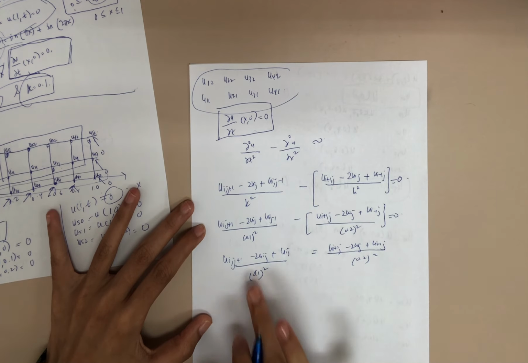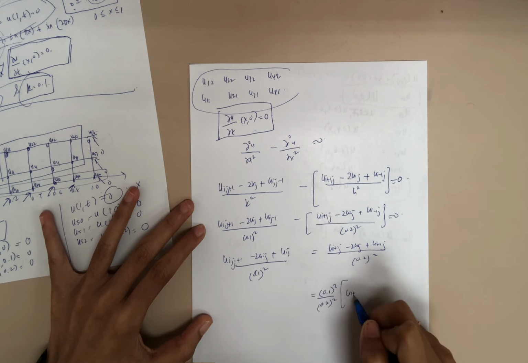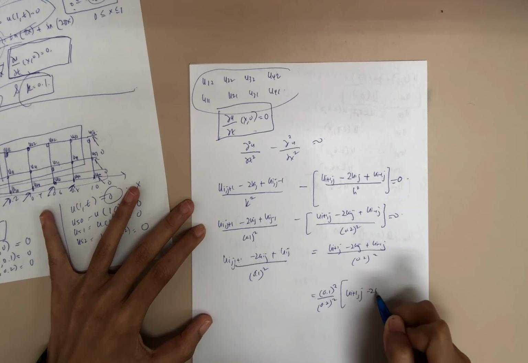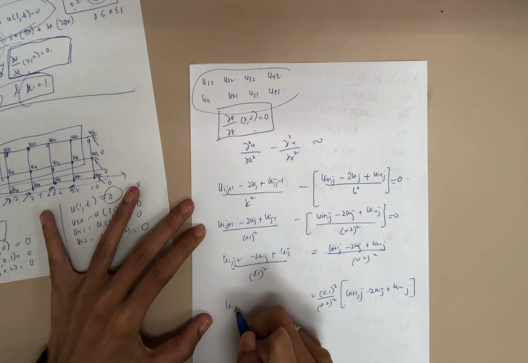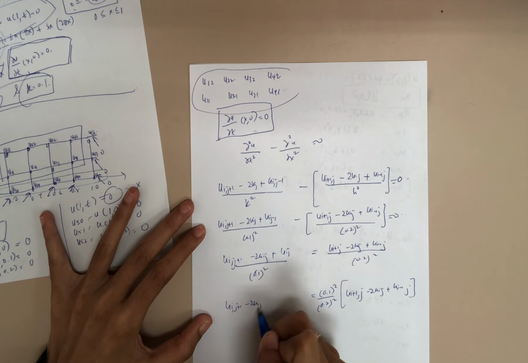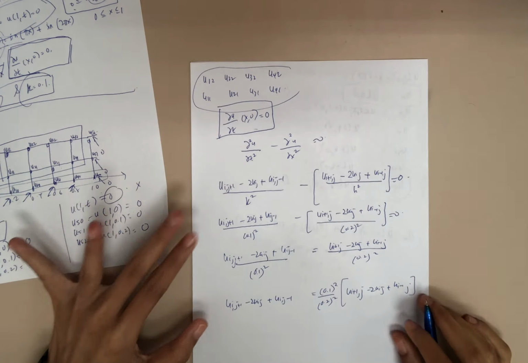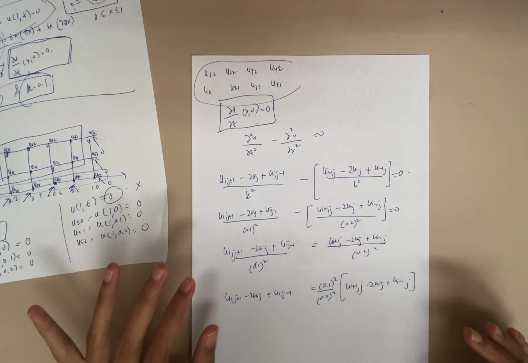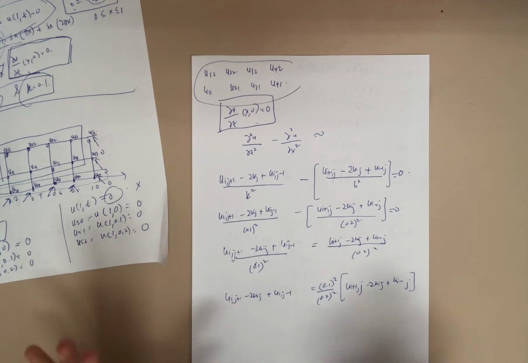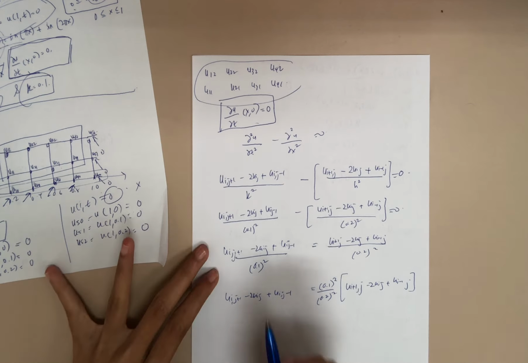Then I bring this 0.1 to here, so it will be 0.1 squared over 0.2 squared, and then we still have this one here. And at this side we have this one, oops, this one is minus 1. Our objective is to make u_{i,j+1} the subject.